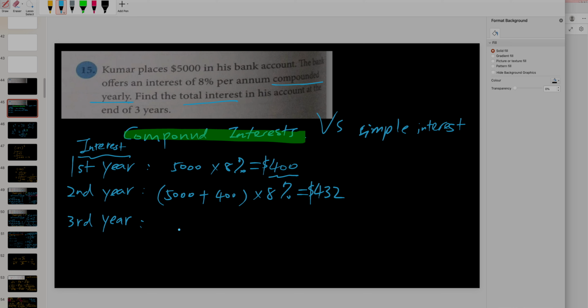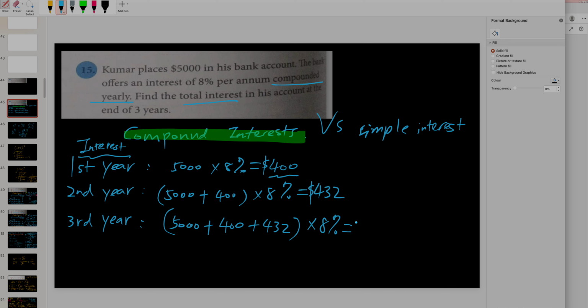Okay. So what's the third year? The third year, the first year interest is yours, right? The second year interest is also yours, right? So your third year will start with this. You start with 5,000, first year interest, second year interest. So before the third year, you are supposed to get this. So therefore, you times the 8%.